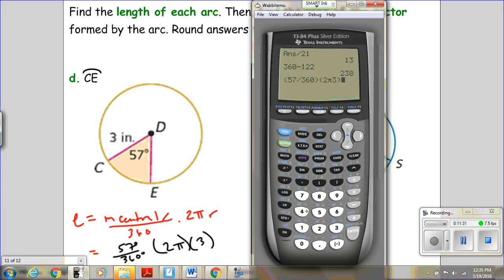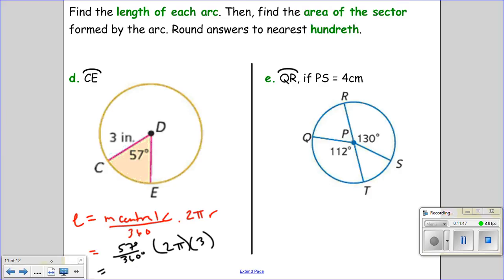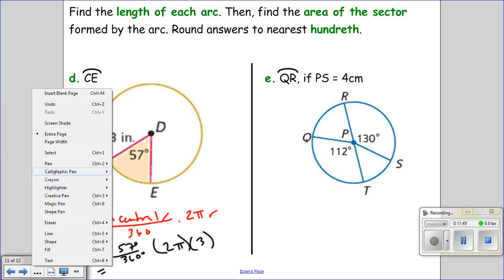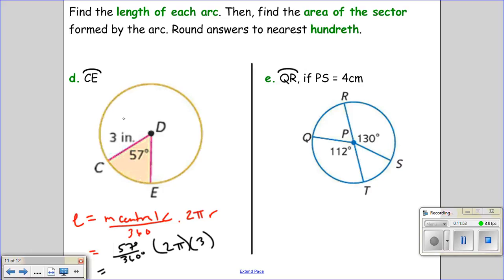And the calculator knows to multiply all of those together. You don't have to use the multiplication symbol. So the length of the arc is approximately 2.98 when rounding to the nearest hundredths. So about 2.98 inches.